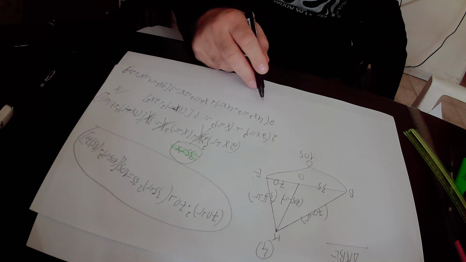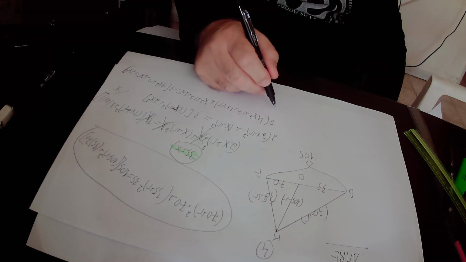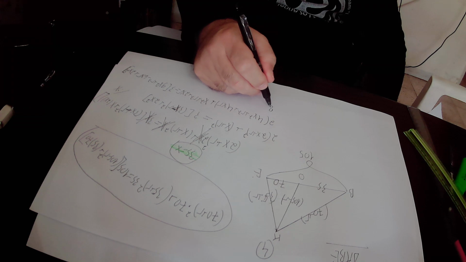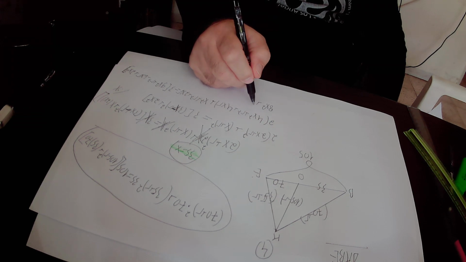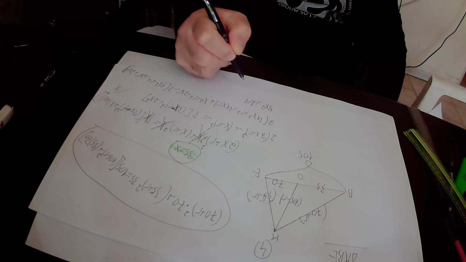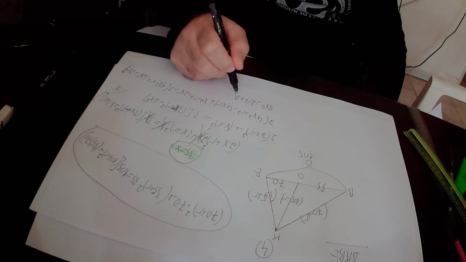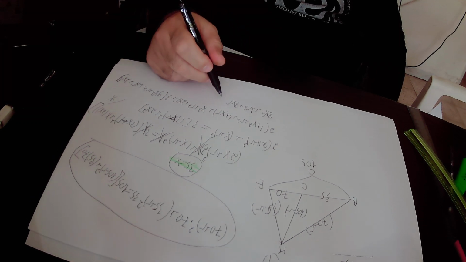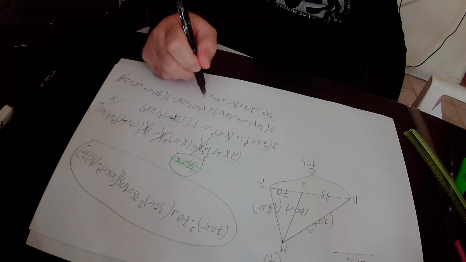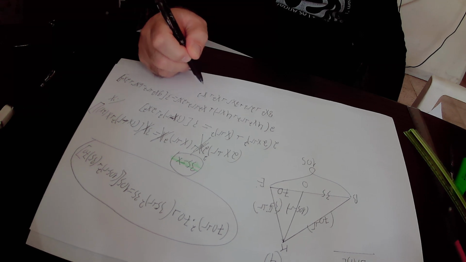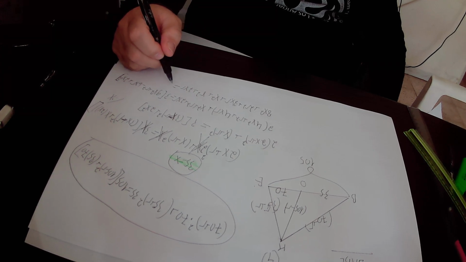So we'll open the brackets here. 2 times 4x squared is 8x squared, plus 2 times r squared is 2r squared. 2 times 4xr is 8xr, plus x squared plus r squared plus 2xr is equal to 3.